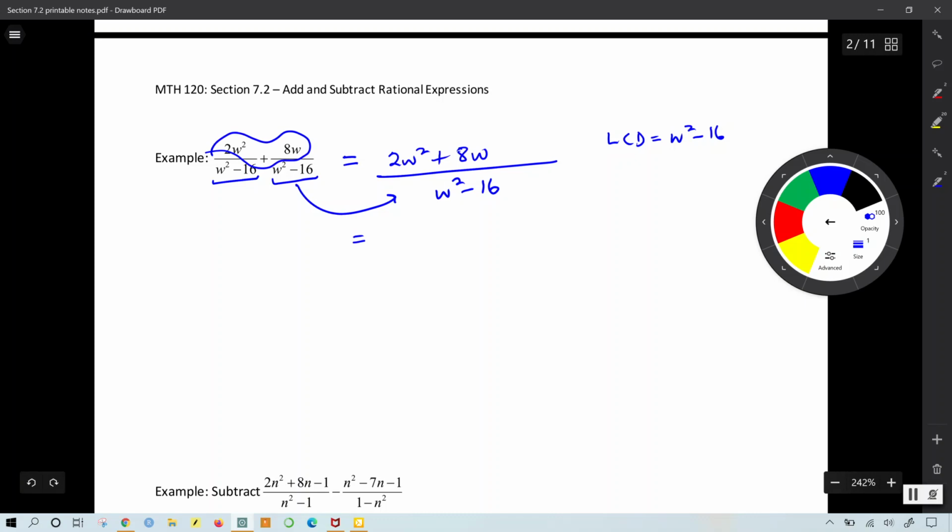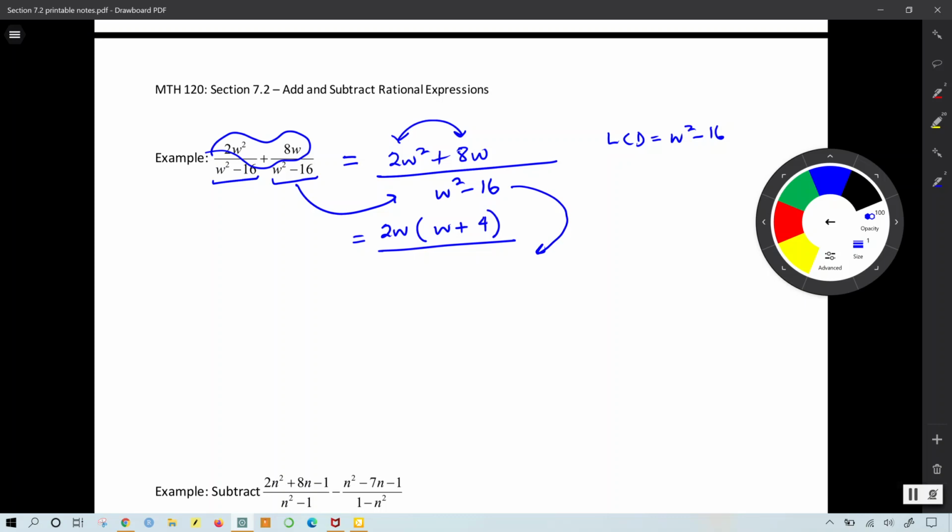And with that said, we observe that these two terms have common factors, which is 2w, and then factoring that out, you have 2w into w plus 4 divided by, the bottom is the difference of two squares.